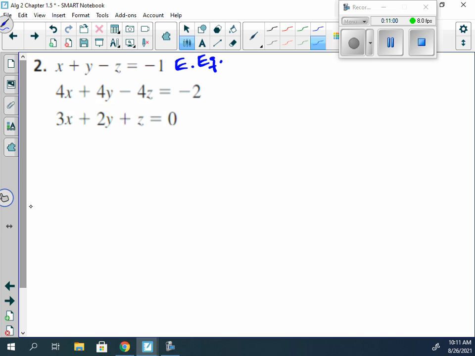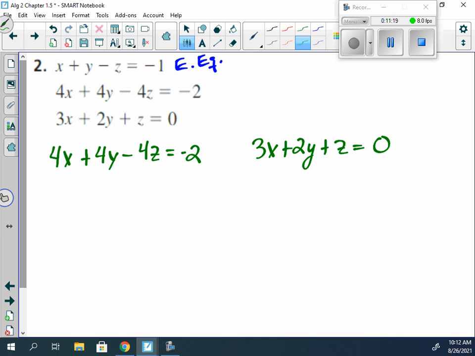Now, do we want to eliminate x, y, or z first? Z. So we can eliminate z first. So 4x plus 4y minus 4z equals negative 2. 3x plus 2y plus z equals 0.